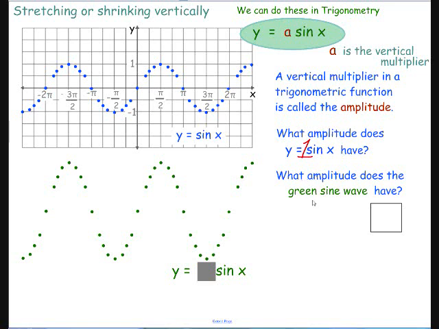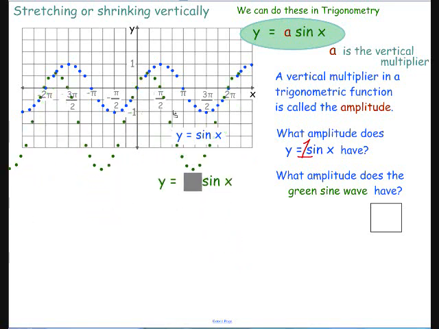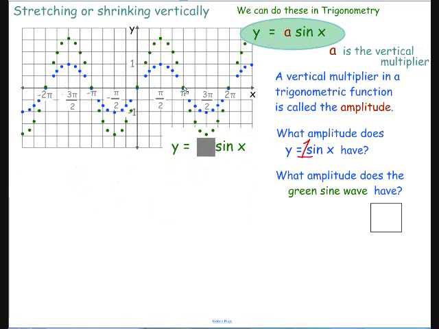What amplitude does the green sine wave have? Well, let's do what we did with the quadratic and move this into the same position. What I'm doing is matching the origin. We know the definition of amplitude. It's from the axis which runs in the middle of the sinusoid to the peak.